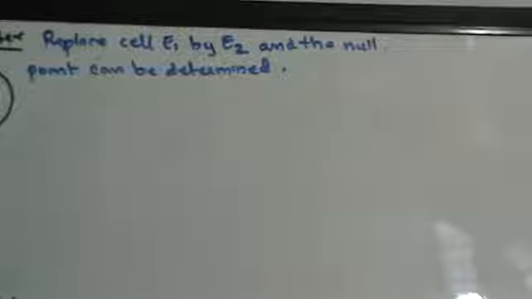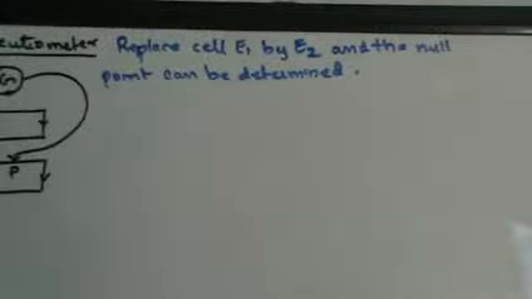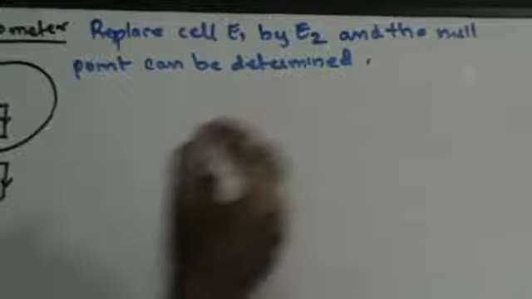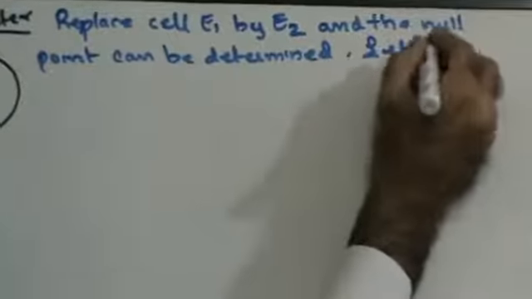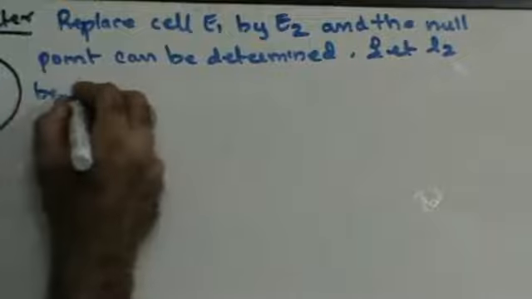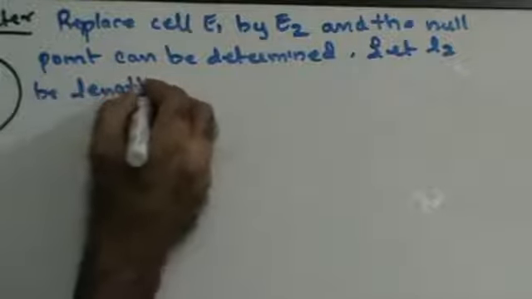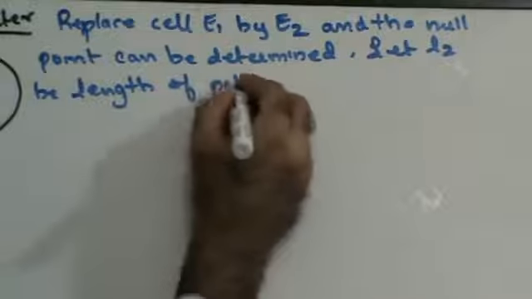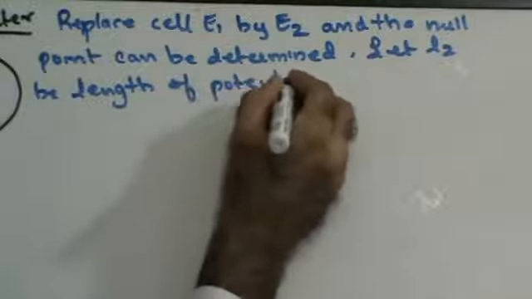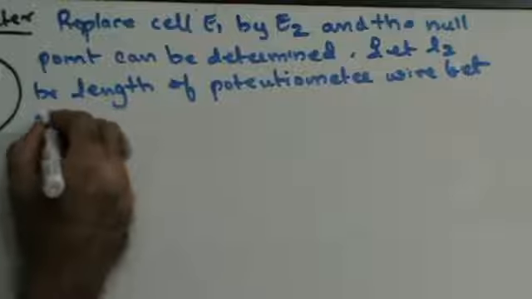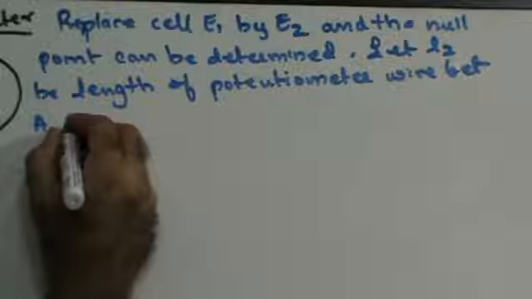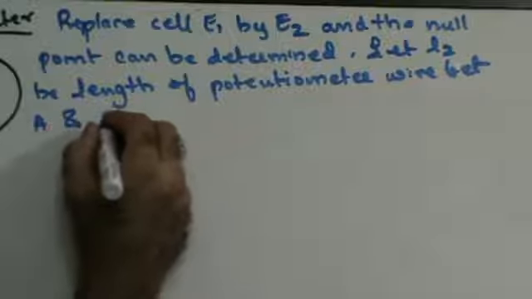I can determine the null point. Now, let's assume that L2 is the length of the potentiometer wire between A and the null point.